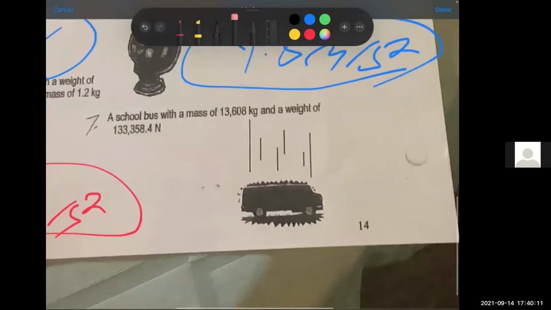And my last one is a school bus, with a mass of 13,608 kilograms and a weight of 133,358 newtons.